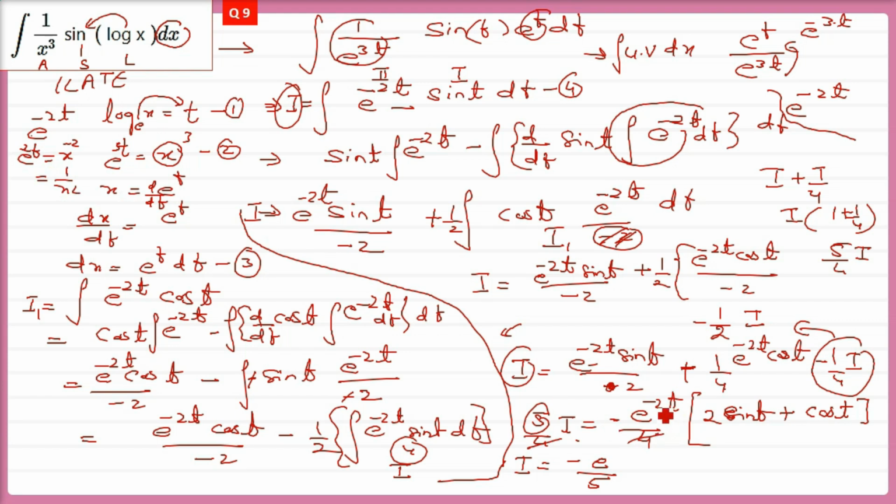So 1 by x square it is. So in place of e raised negative 2t, you can write just 1 by x square. This is 2 sine. What is t here? Log x. I told you I'll use that thing. So log x here. Plus cos. Inside this we'll use log x. Cos log x. And now I will finish it off with the constant of integration. So this is your final result.